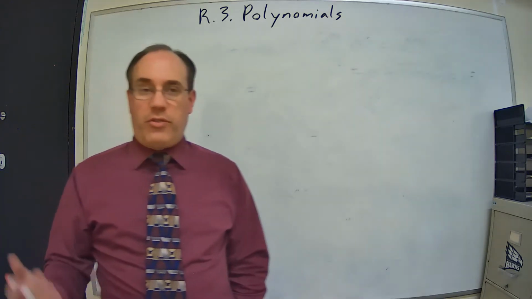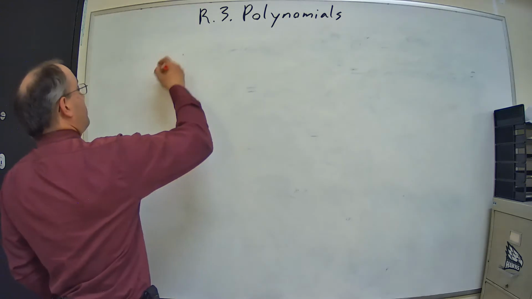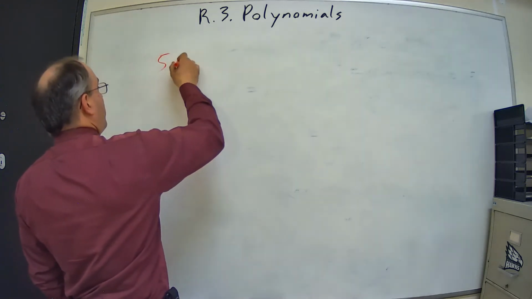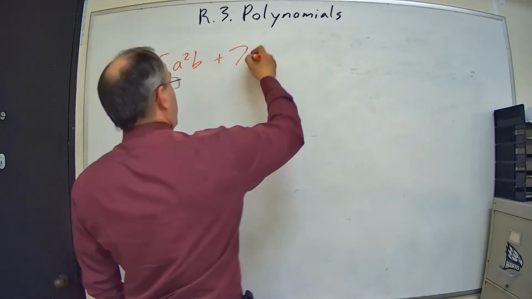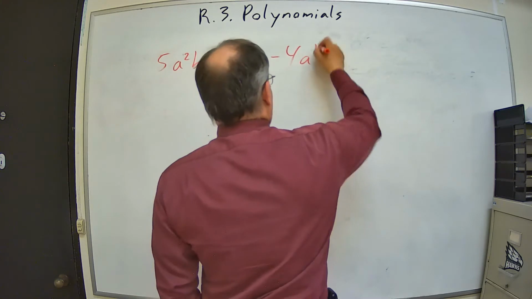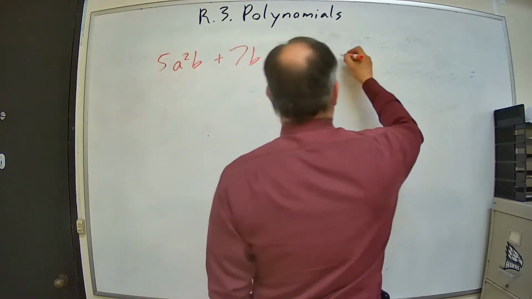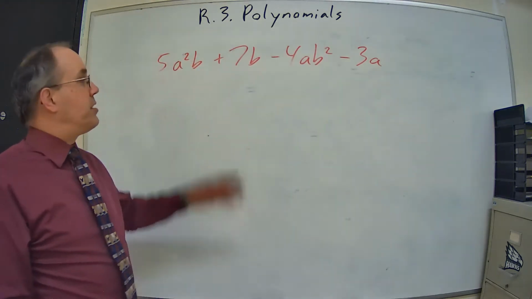So in simplest terms, what that could be is I may have 5a²b + 7b − 4ab² − 3a. So this is a polynomial.